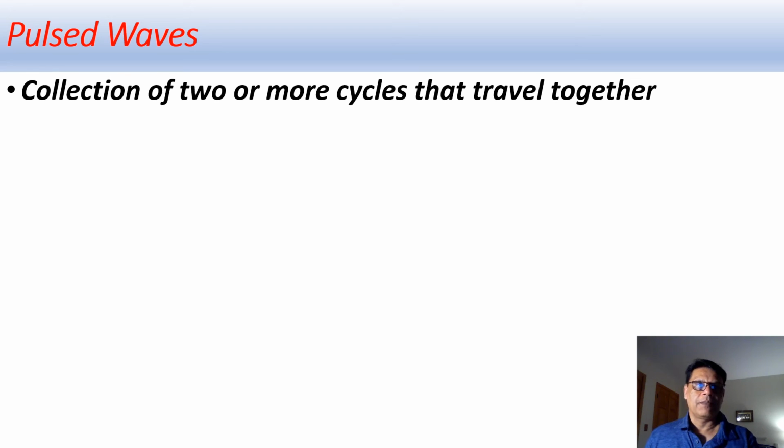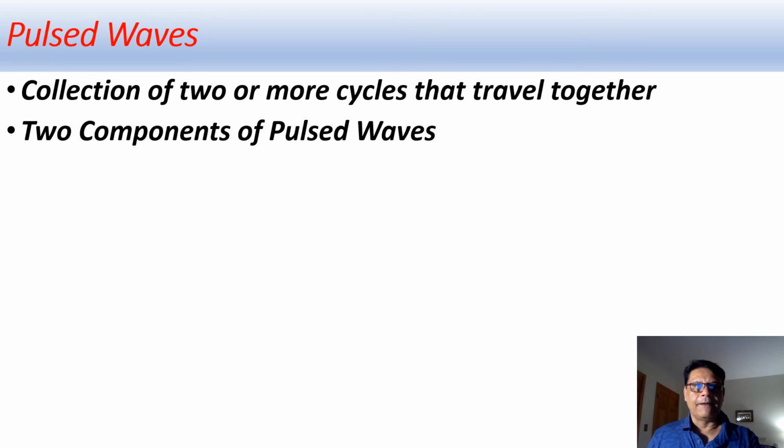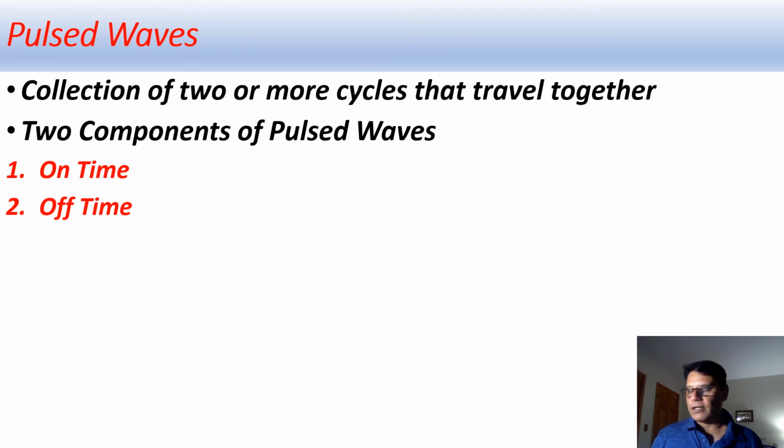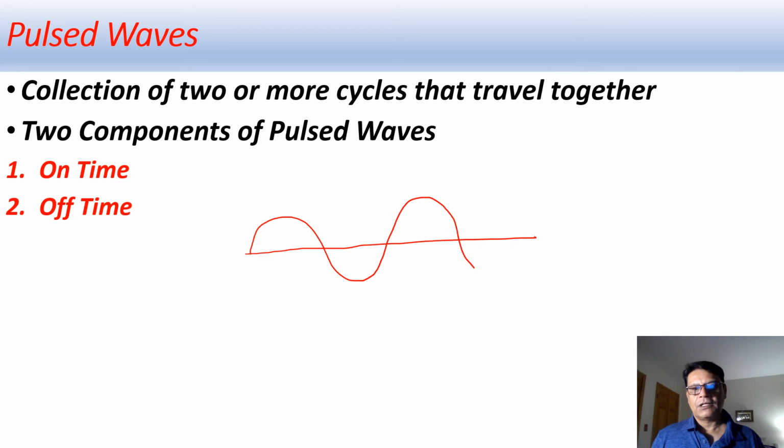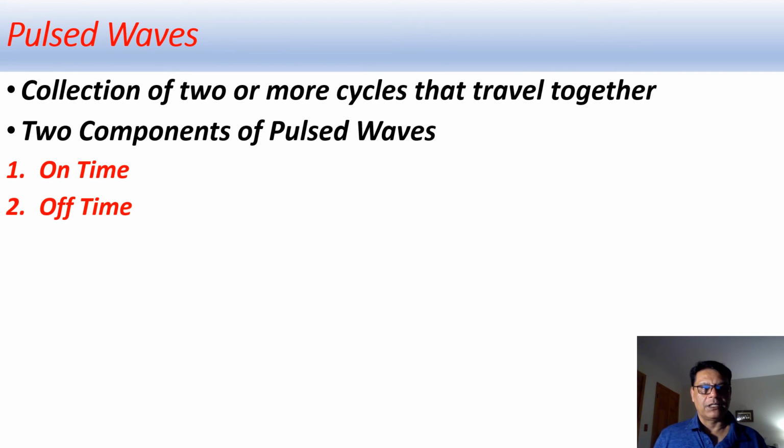We know that two or more cycles that travel together are called pulse waves, and there are two components of the pulse waves. So what are those two components? On time and off time. We discussed before that if a transducer produces a pulse, let me make it very short, and let me make a transducer.